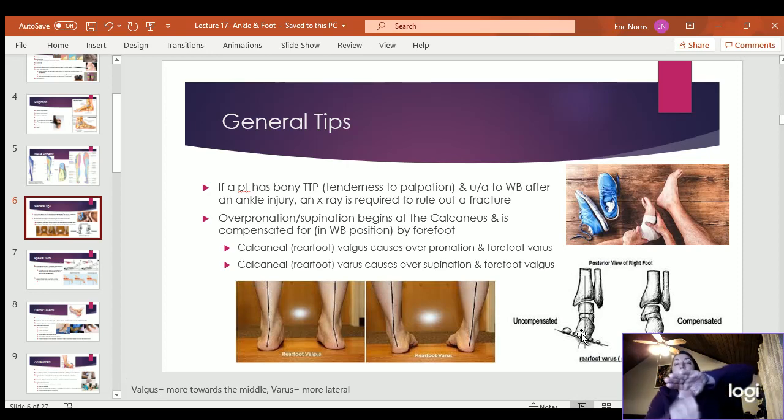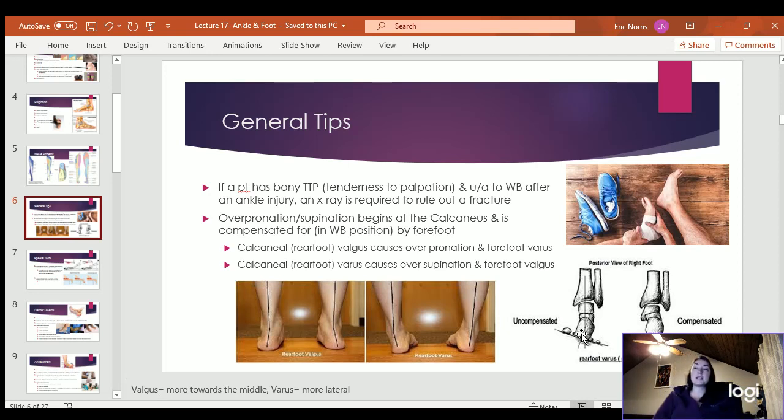But when they're weight bearing, so that the foot actually comes in contact with the ground, otherwise they'd just be walking on the inside part, the medial part of their foot, in order for the foot to contact the ground, the forefoot has to go towards the opposite direction. So if it's an oversupinator and they're walking on the lateral border, then the forefoot has to kind of curve in order to still contact the ground.